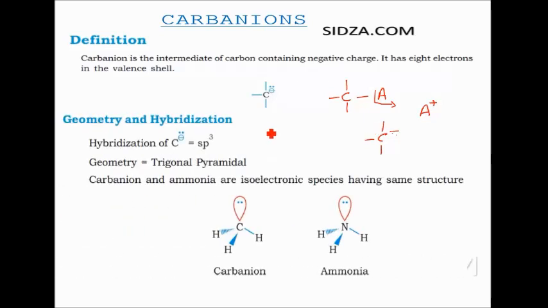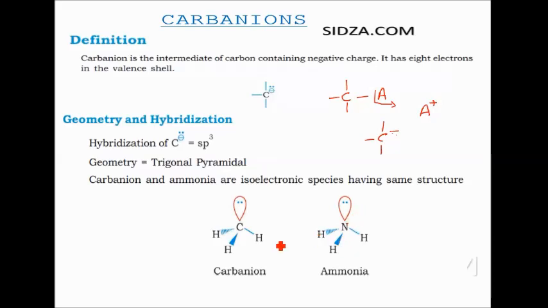Regarding the hybridization and the shape, we know the carbanion resembles ammonia because it is isoelectronic with the ammonia molecule. So carbon has 8 electrons here; nitrogen, in the ammonia molecule, has 3 bond pairs and a lone pair, so the total number of electrons is 8.